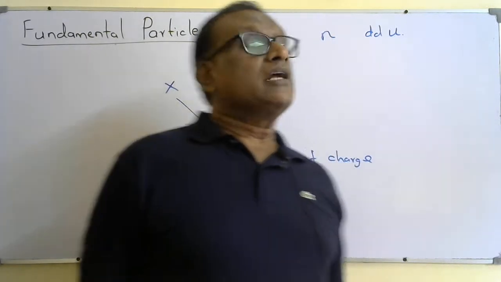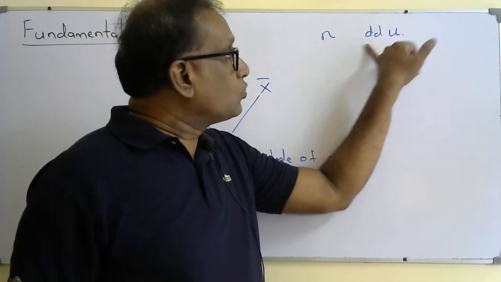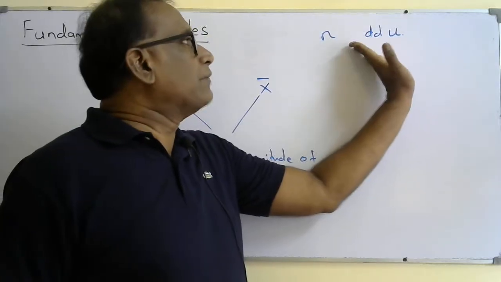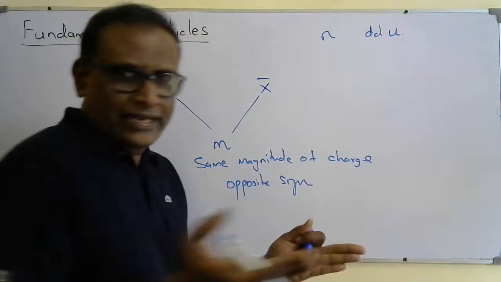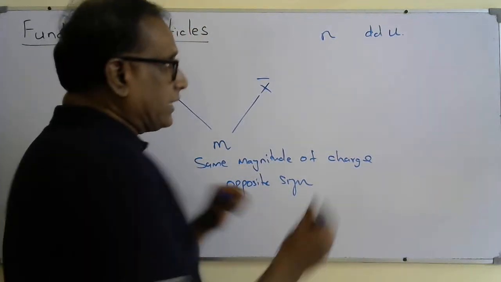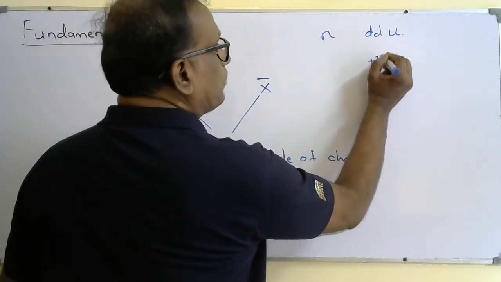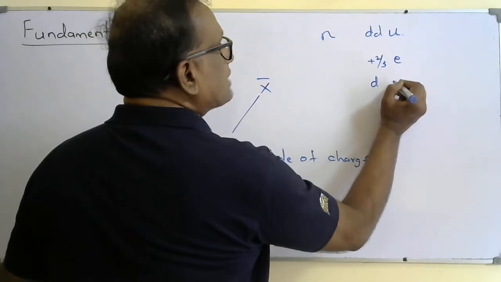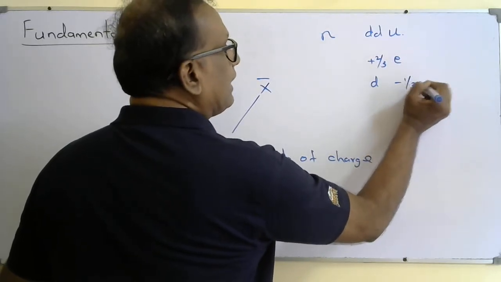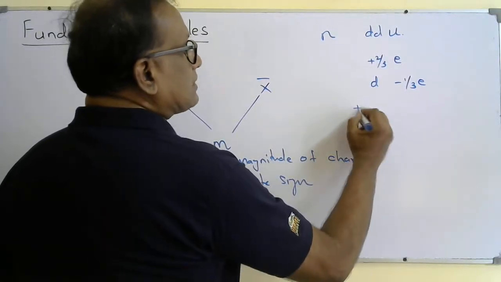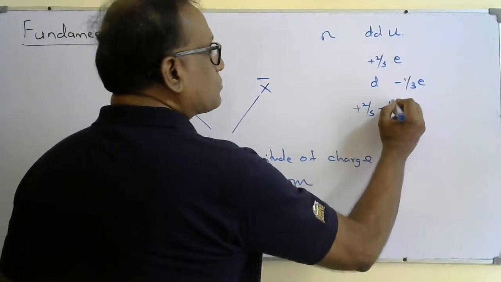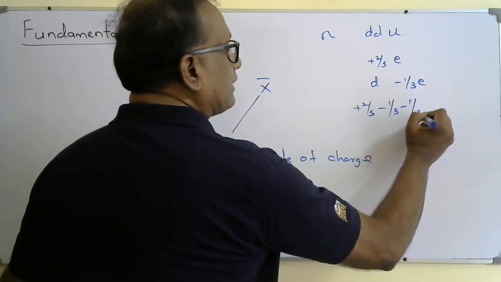When you think about neutron, it's made of 2 down quarks and an up quark. You don't need to remember their charges, you can get them from any book. Charge of up quark is +2/3e. Down quark is -1/3e. So the charge of neutron, ddu, is +2/3 -1/3 -1/3, which is equal to 0.